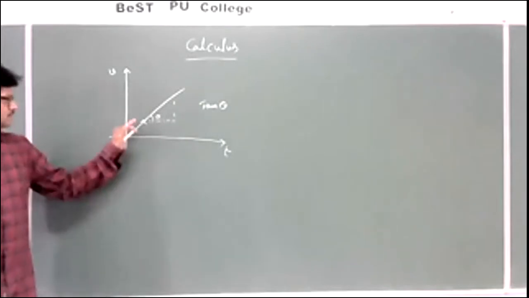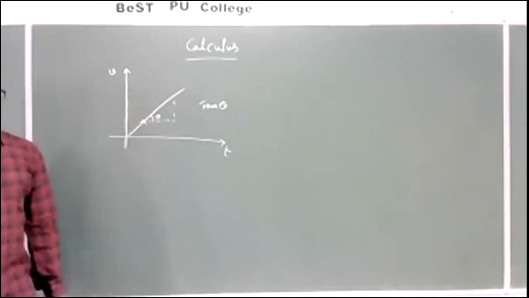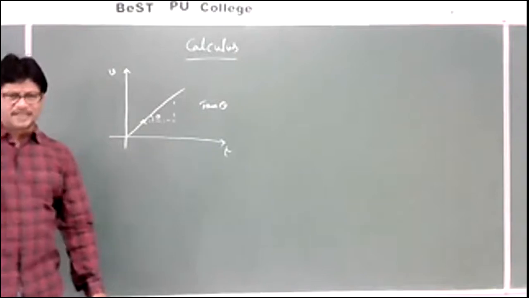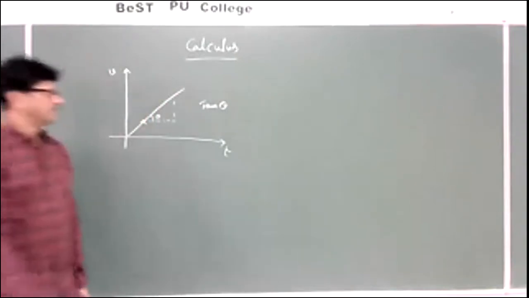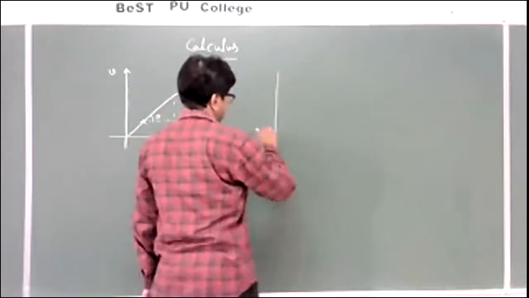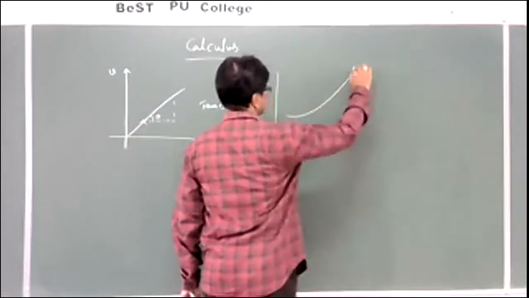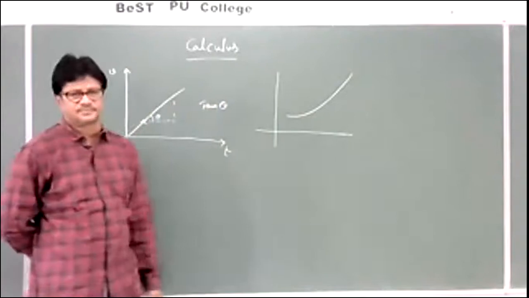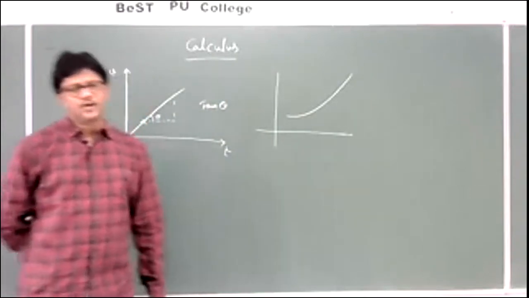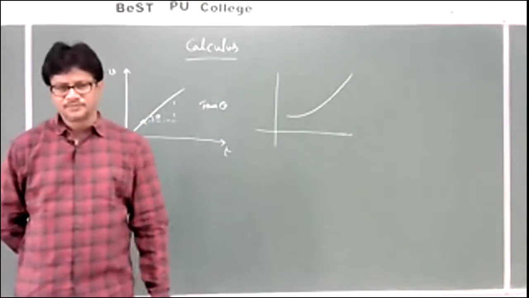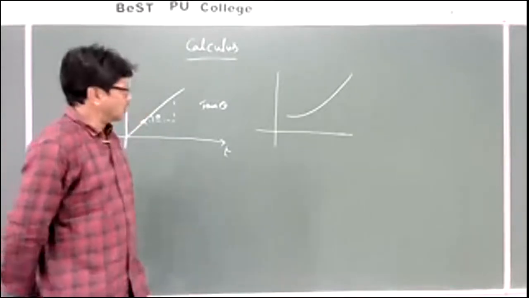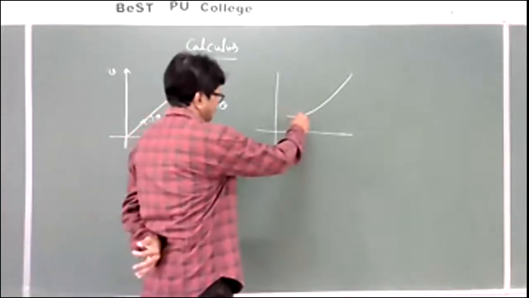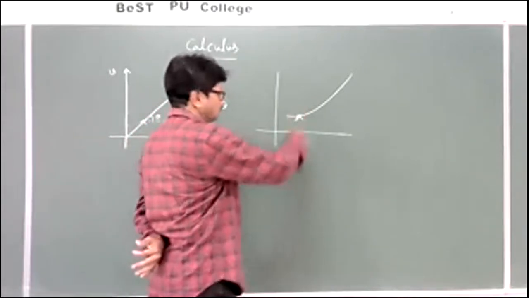If the graph is not a straight line, the nature of the curve is not a straight line. For example, the graph is like this. Now I would like to find the slope. So how to find the slope? Again, for example, here I would like to find the slope.